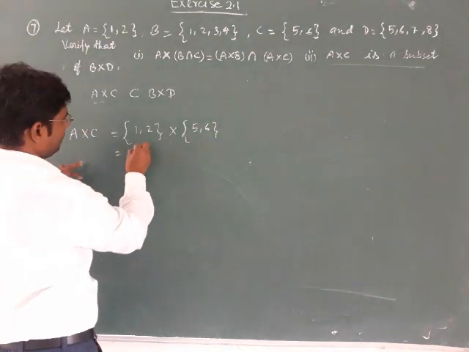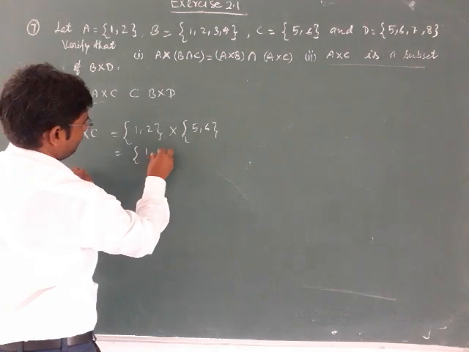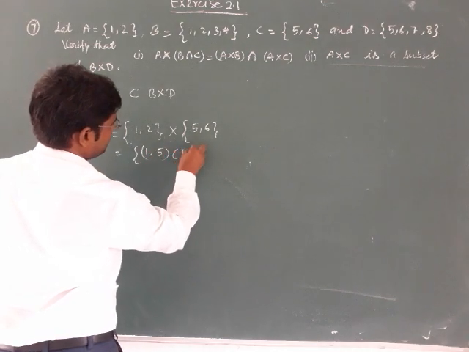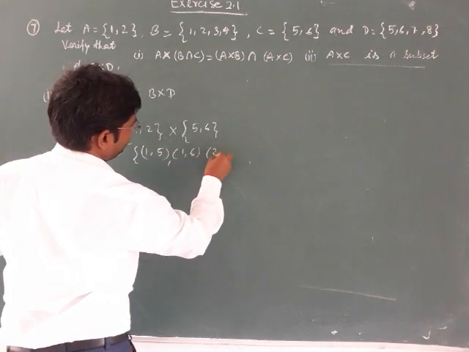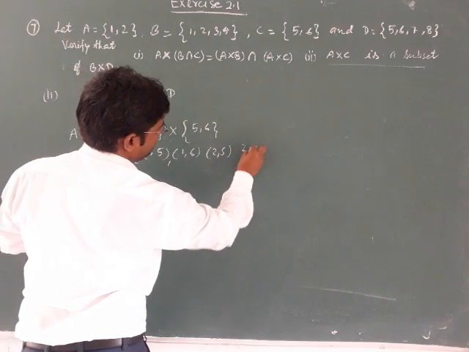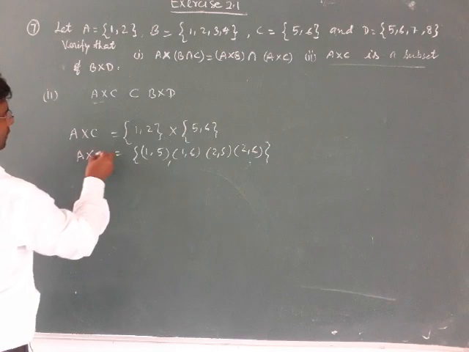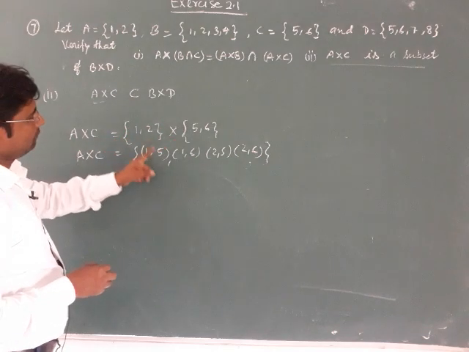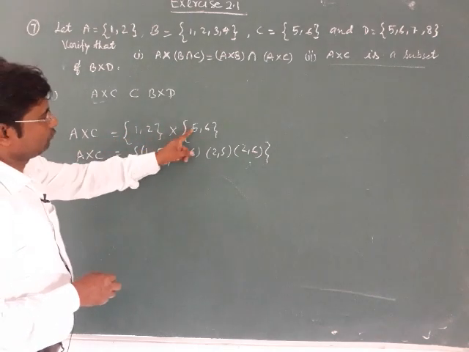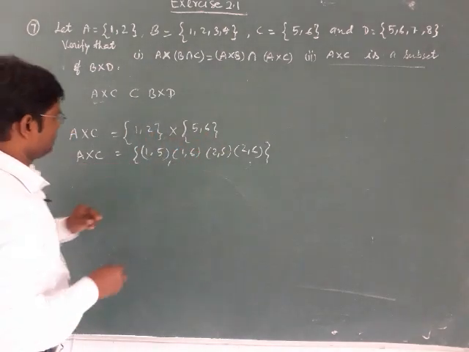So we take 1, 5; 1, 6 and 2, 5; 2, 6. So this is A cross C: 1, 5; 1, 6; 2, 5; and 2, 6.